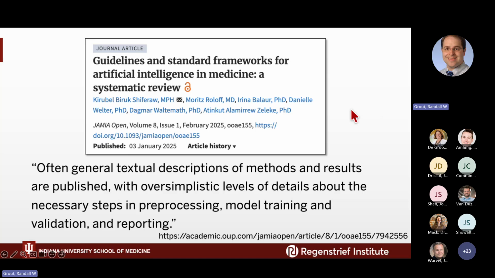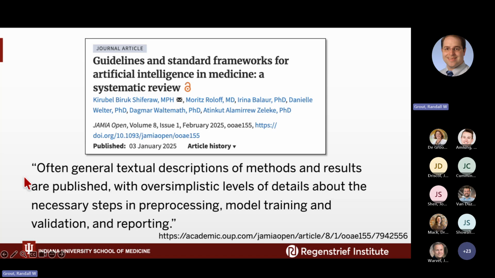And one of the reasons for these guidelines is, I think, well put in this paper, where they said, often general textual descriptions of methods and results are published with oversimplistic levels of detail about the necessary steps in pre-processing, model training, and validation and reporting.